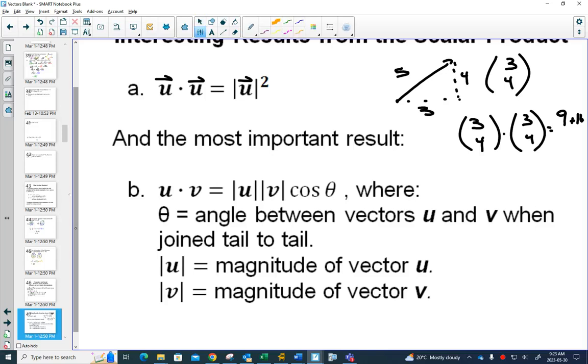So I have one vector here, u, another vector here, v. I have an angle in between them, theta. And when I do the dot product, the answer that I get happens to be this length times cos of that angle.